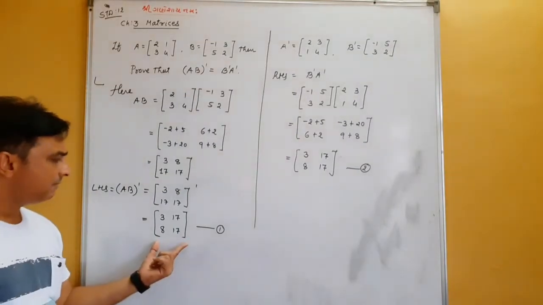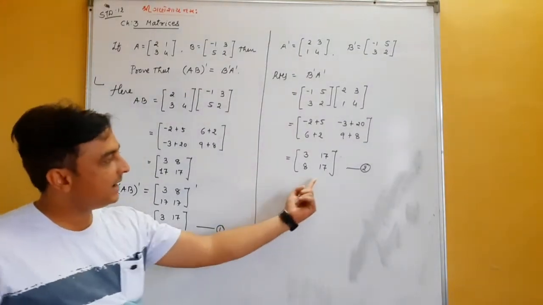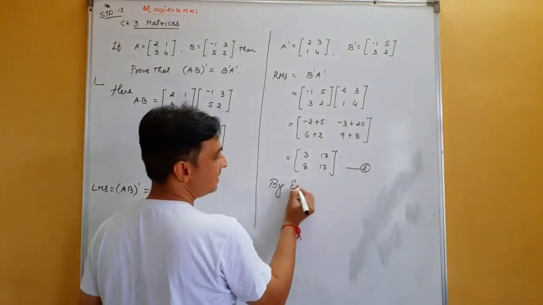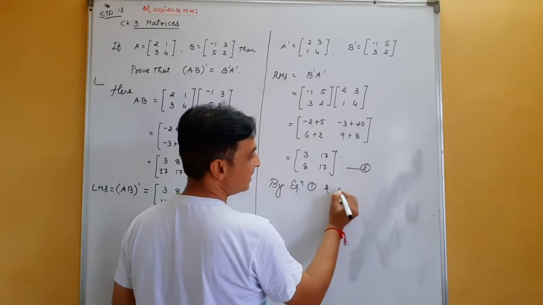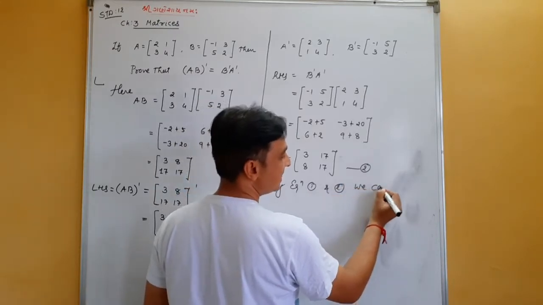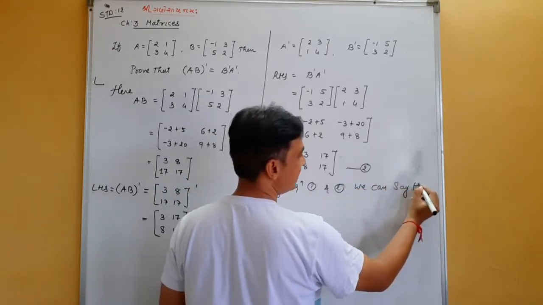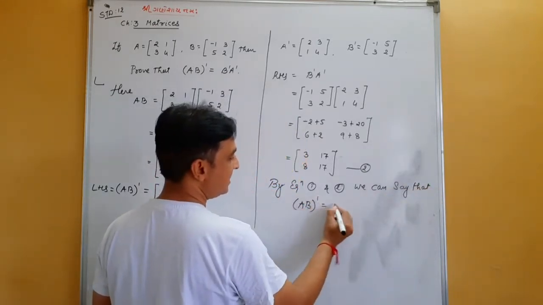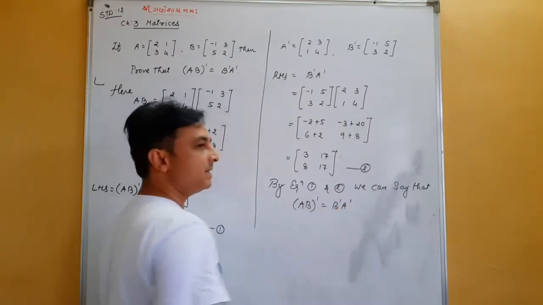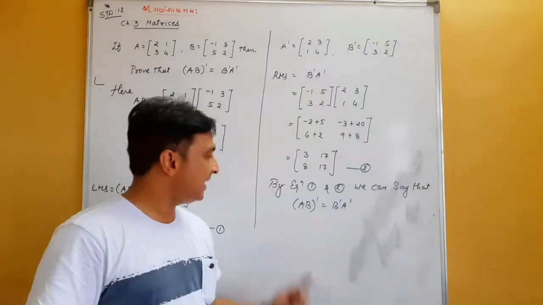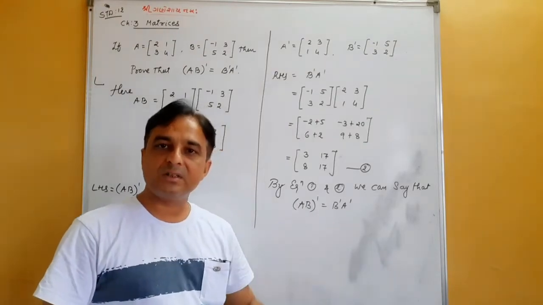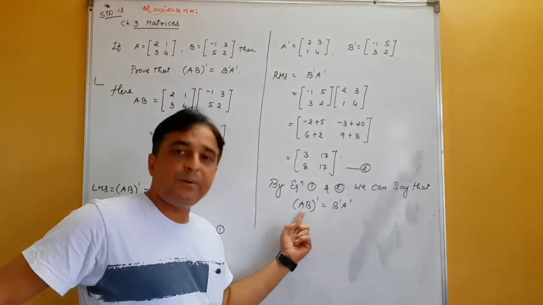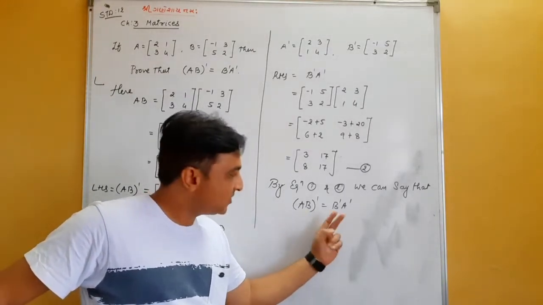Now see, the first and second are the same, so by equations 1 and 2 we can say that (AB)' is equal to B'A'. Whenever you take the transpose of a matrix multiplication, the order of the product will change.